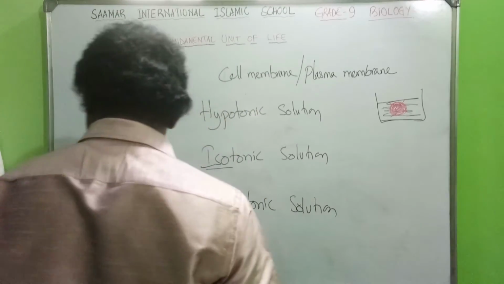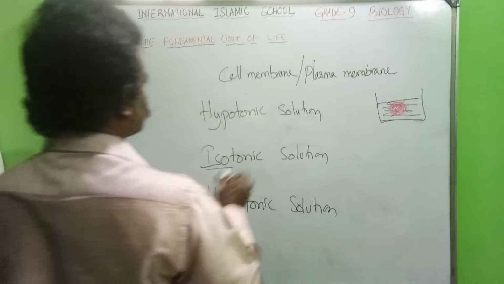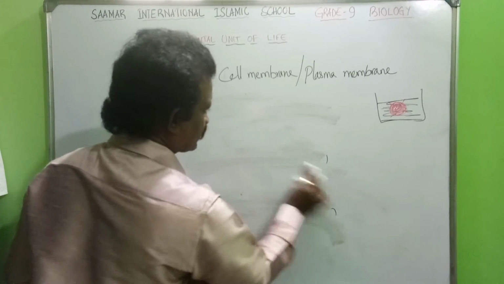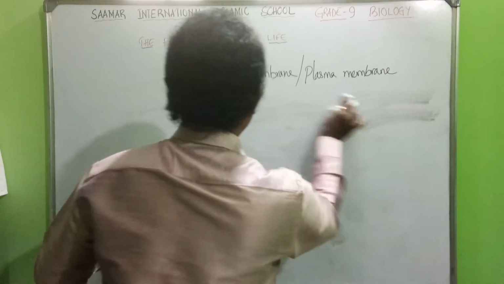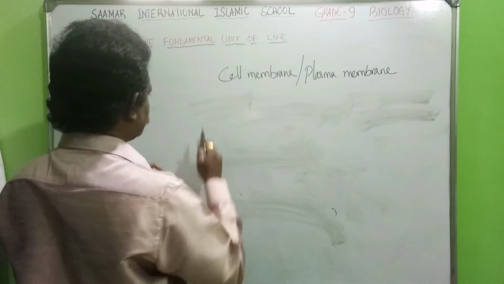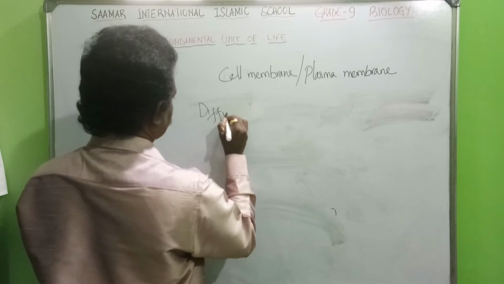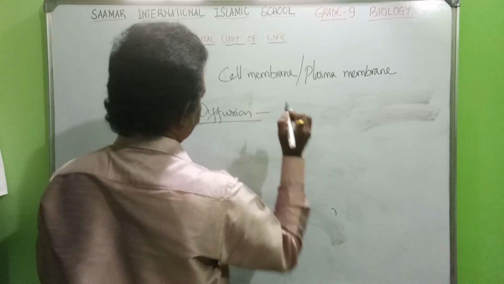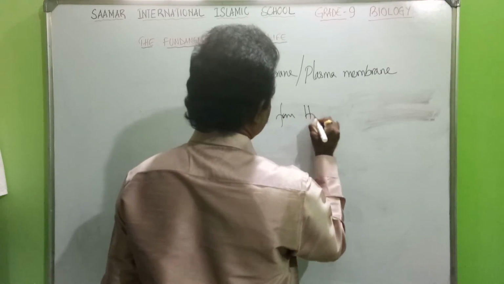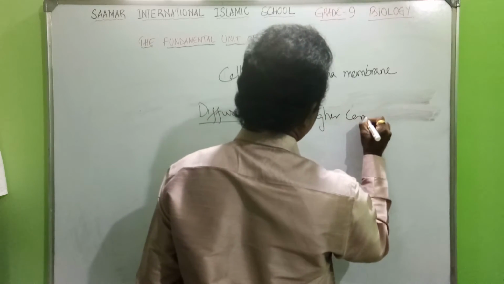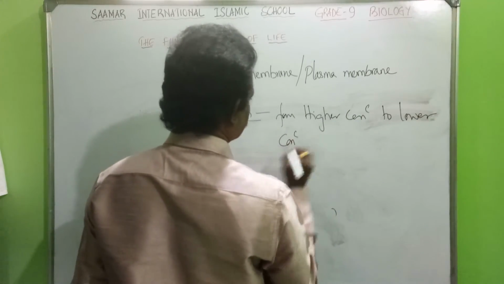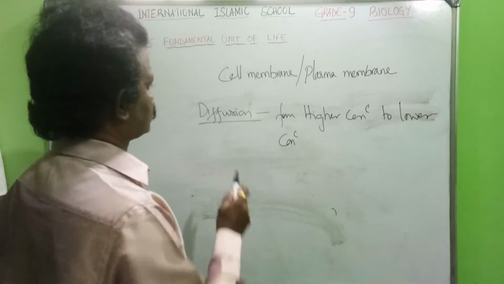Now let us see what is diffusion and what is osmosis. Diffusion is movement of molecules from higher concentration to lower concentration. Is it clear? This is called diffusion.